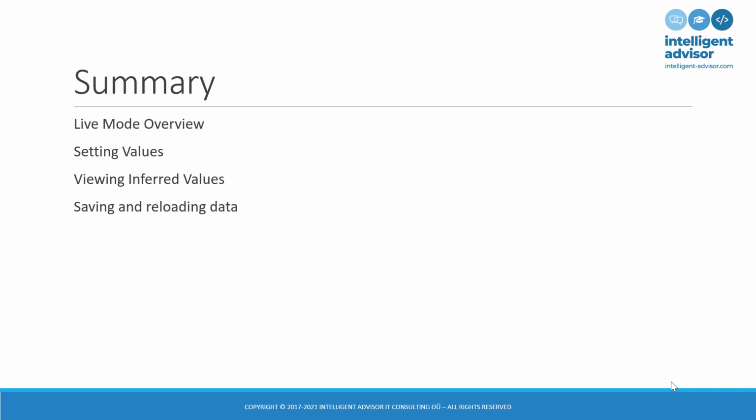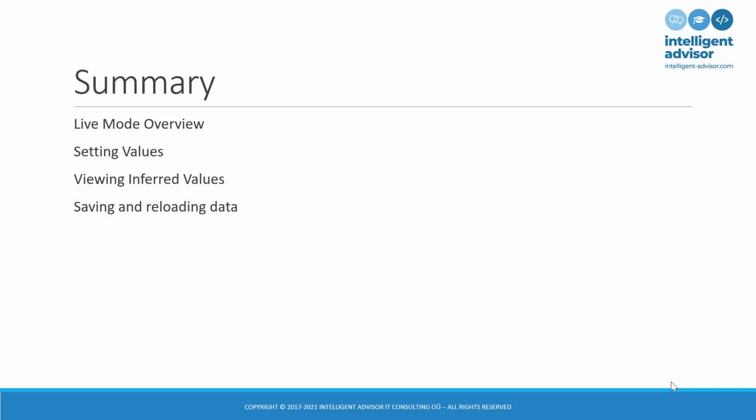We've also seen that where multiple instances are available, we can switch between an individual instance and all instances. Finally, we've talked about the ability to export and import scenarios out of and into the live mode.